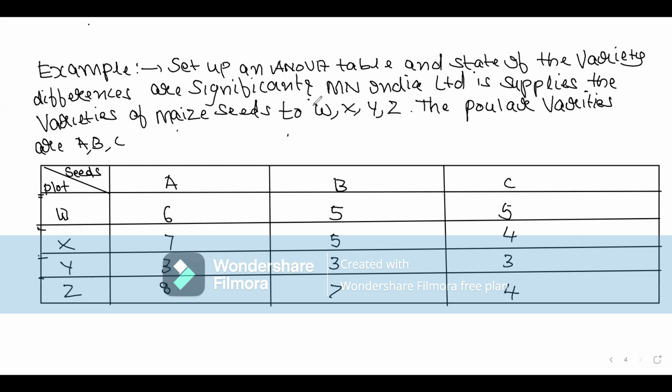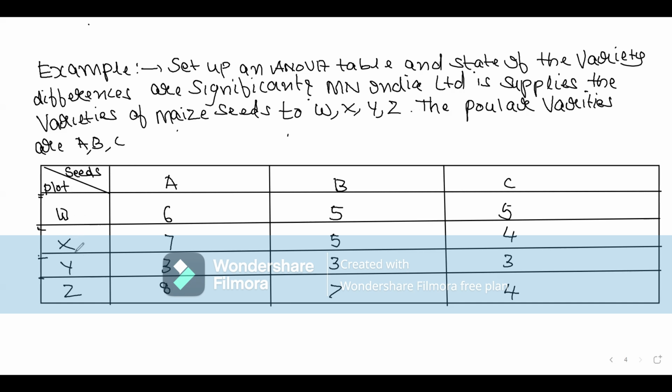Now, set up an ANOVA table and state if the variety differences are significant. MN India Limited supplies varieties of maize seeds to WXYZ. The popular varieties are A, B, C. Look here, it is given. Seeds are given, plots are given.